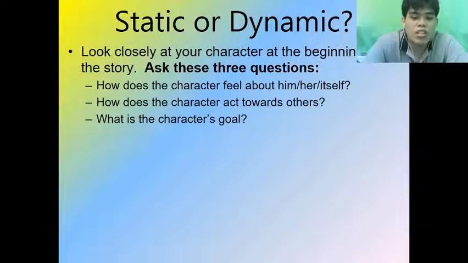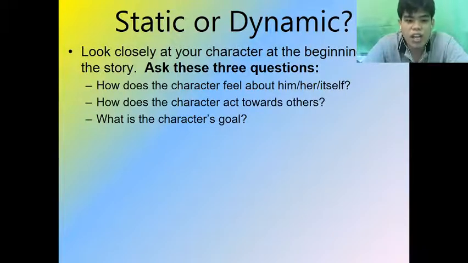So here are some questions to consider when looking at a character and identifying whether they are static or dynamic. How does the character feel about him, her, or itself? How does the character act towards the others? And what is the character's goal?